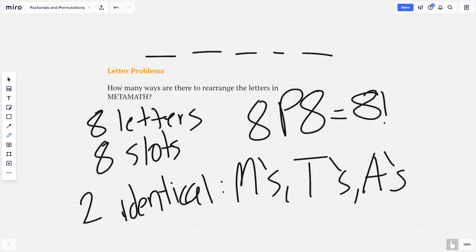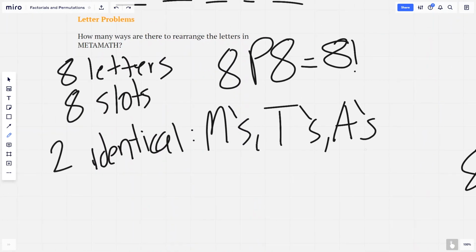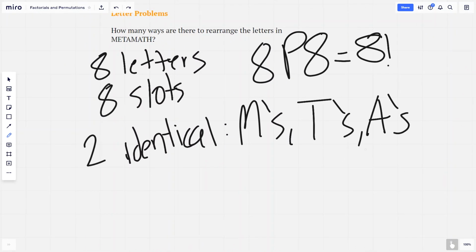And they're identical because we can't tell the difference. There's an A right here and an A right here, and if we swap the positions of those 2 A's, we wouldn't be able to tell the difference. So ultimately, this boils down to how do we account for the fact that there's 2 identical of these 3 letters?